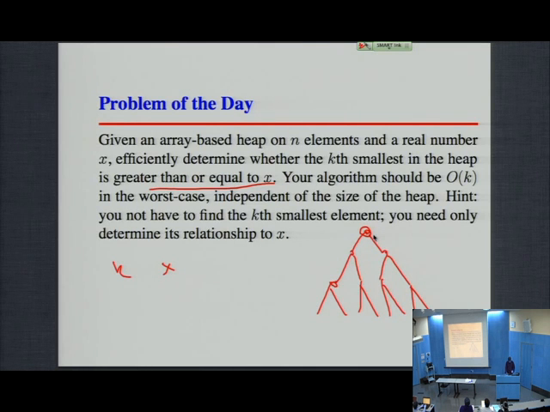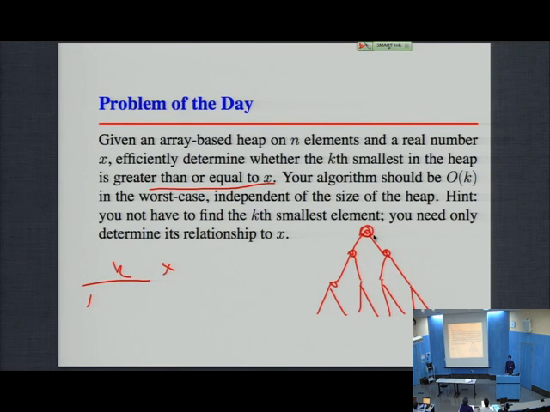So we have one element greater than x, right? If this element was less than x, what do we know? We have found one element that is less than x. And the only places where there are potentially other elements that are less than x are these guys.